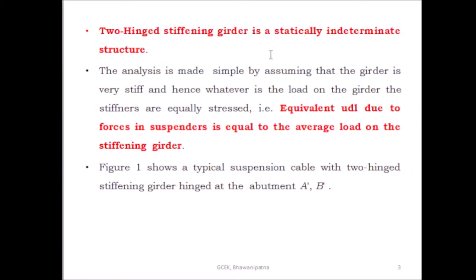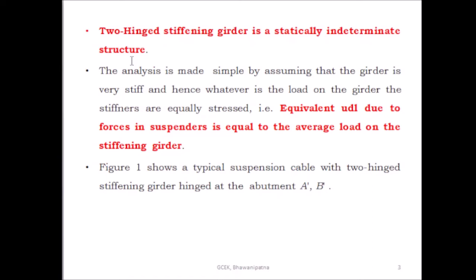The two-hinge stiffening girder is a statically indeterminate structure, since there are three unknowns to be evaluated, namely the vertical reaction at the left support, the vertical reaction at the right support, and the pull H exerted by the cables.